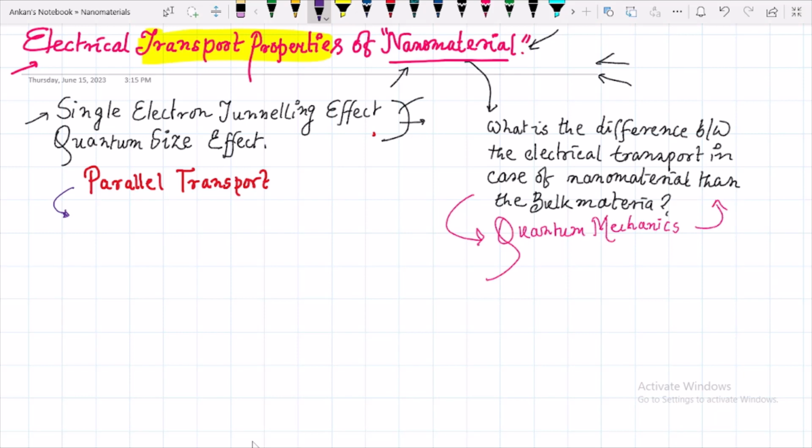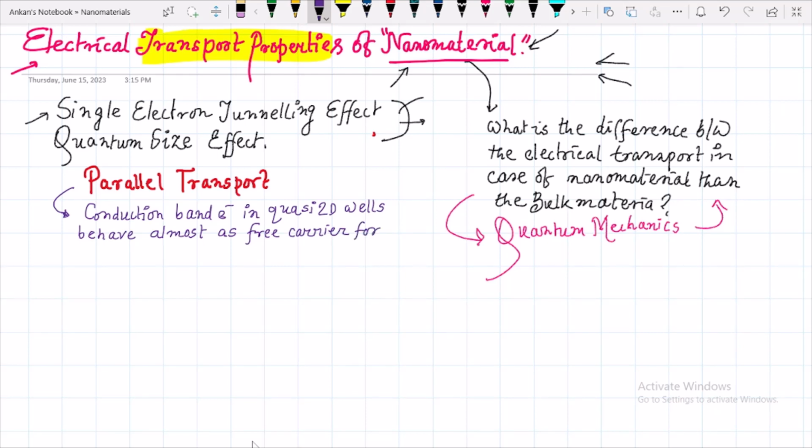I can write that the conduction band electrons in a quasi 2D well behave almost as free carriers for their motion along planes parallel to the interface of the well.